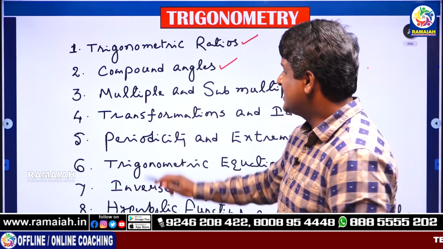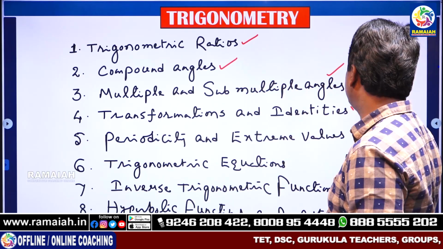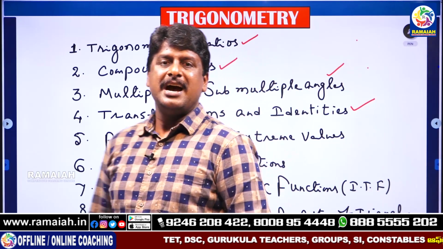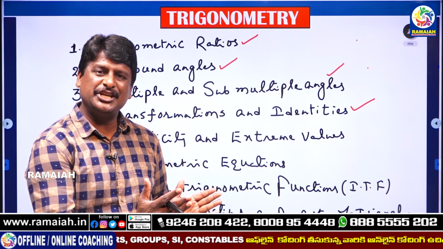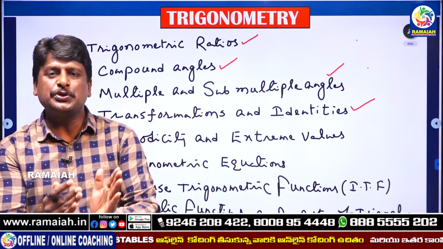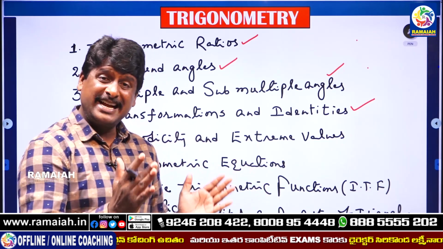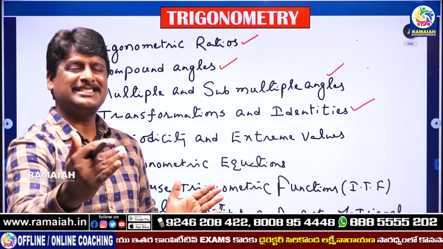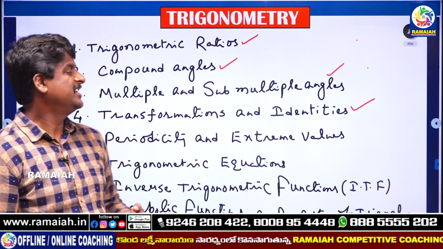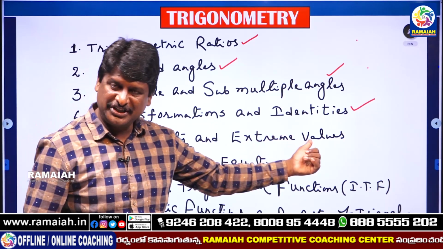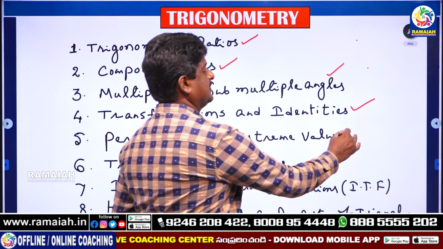Then transformations and identities. How to transform the sum of two trigonometric ratios into a product of two trigonometric ratios, and how to transform a product into a sum or difference of two or more trigonometric ratios. Then periodicity and extreme values.